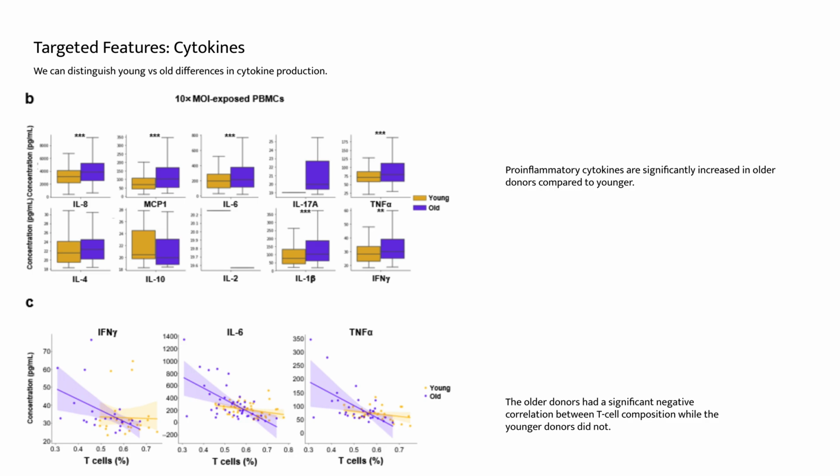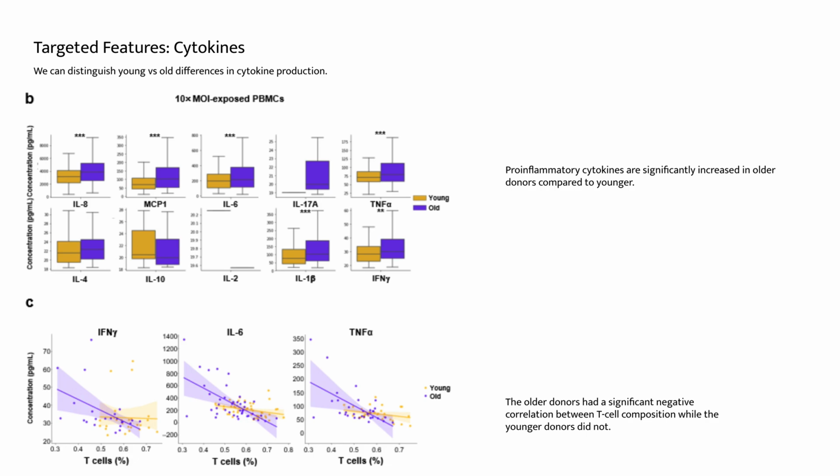We hypothesize that the differences in cell death that we observe could be driven by the differences in the young and old inflammatory responses. The major inflammatory cytokines, including IL-1 beta, IL-6, and TNF alpha, were all significantly elevated in the old donors.